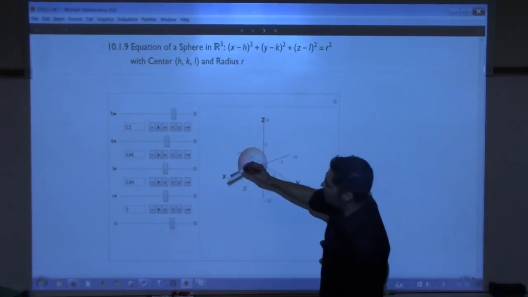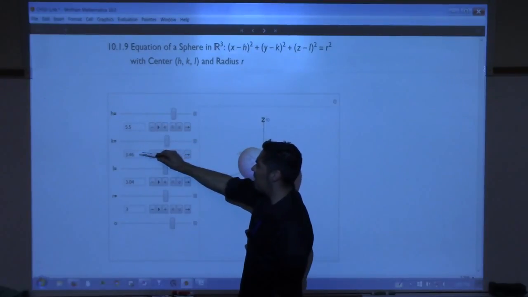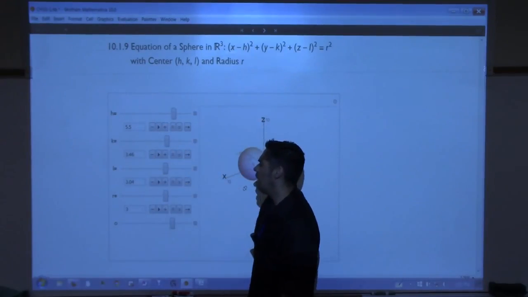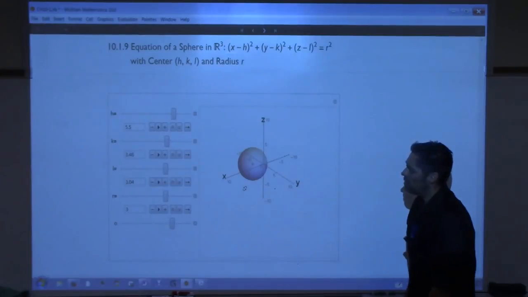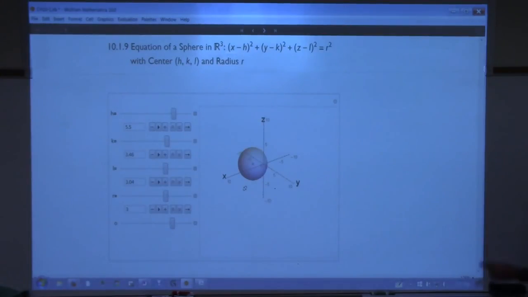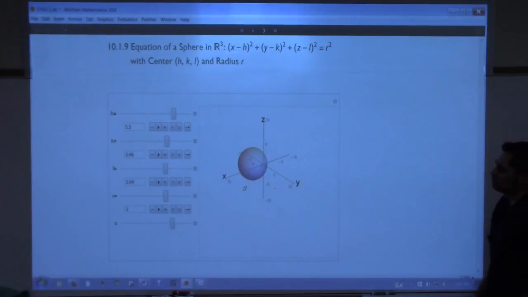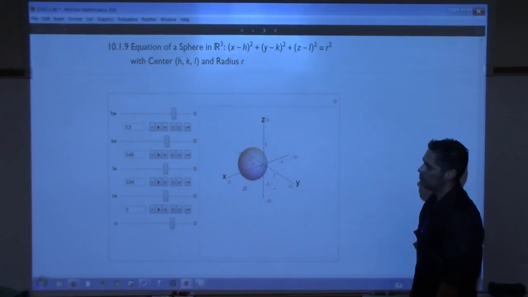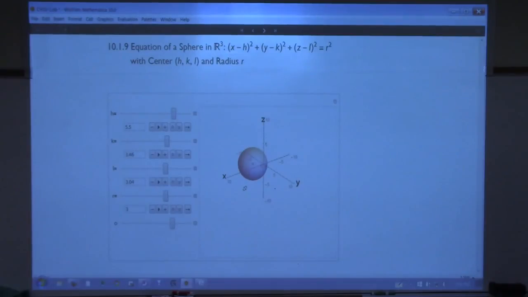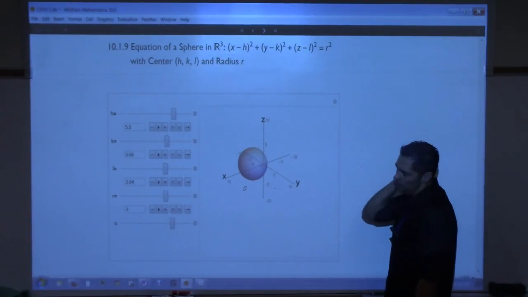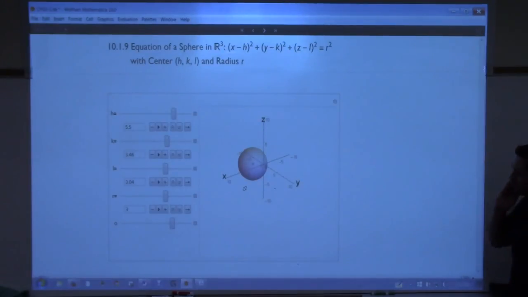So right now, I'm telling you, h is 5.5, k is 3.46, l is 3.04. Can you tell me the distance between the center of that sphere and the xy plane? What would it be? 3.04, right? Okay. And you could do that for the other coordinate planes if you wanted to.